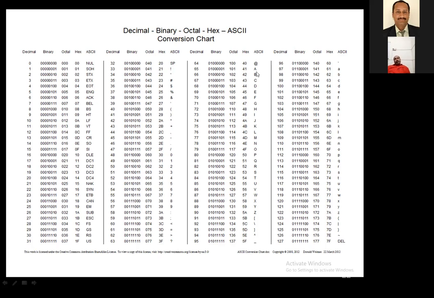For better understanding, take the example of capital A. In ASCII, capital A, the respective hex is 41, and in decimal it is 65.